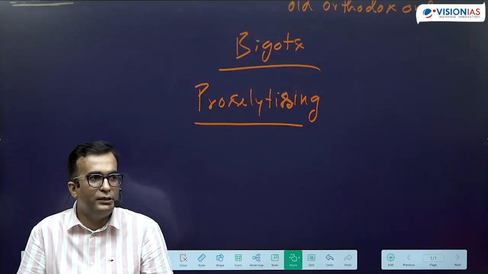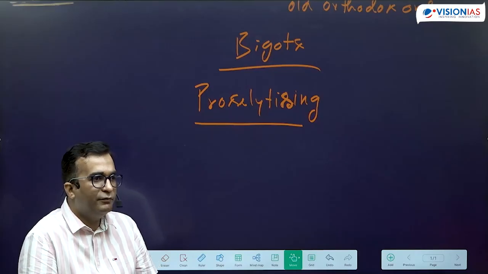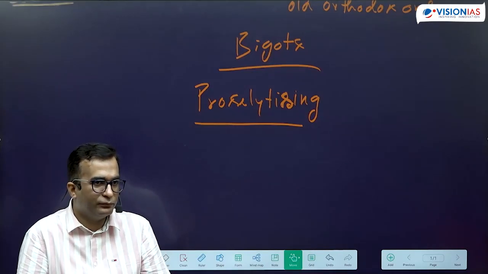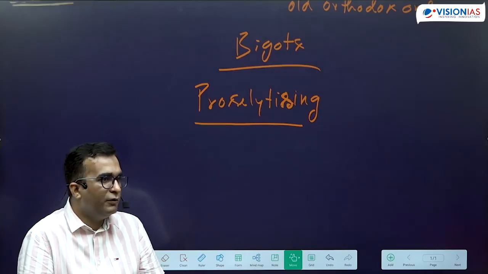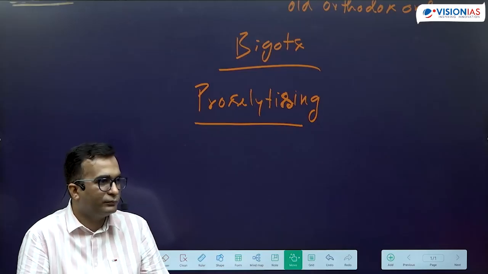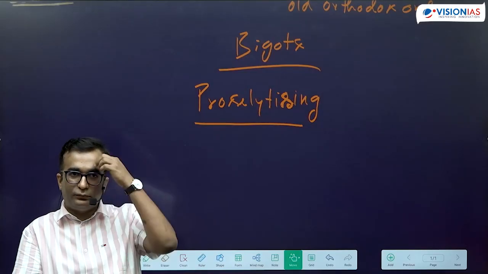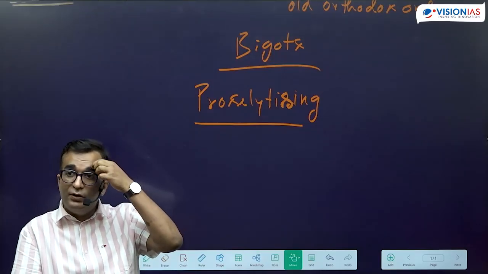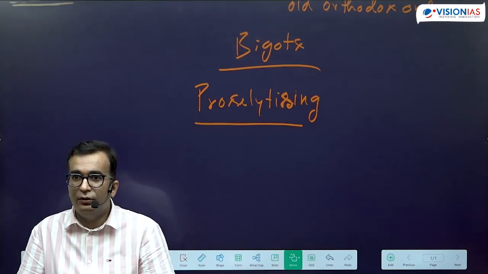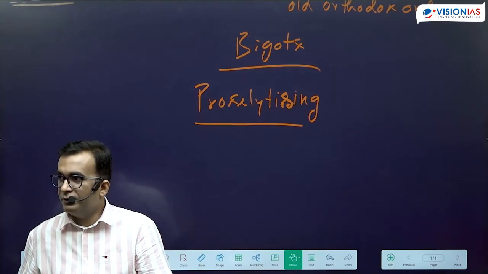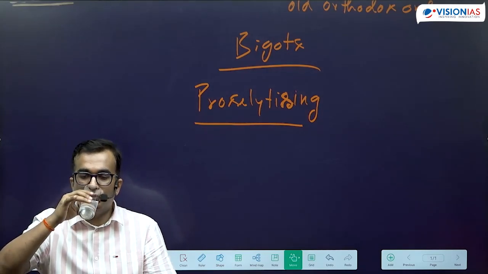Hindu Religious Disability Act of 1850s tried to modify many of the customs and traditions of Hindu society.